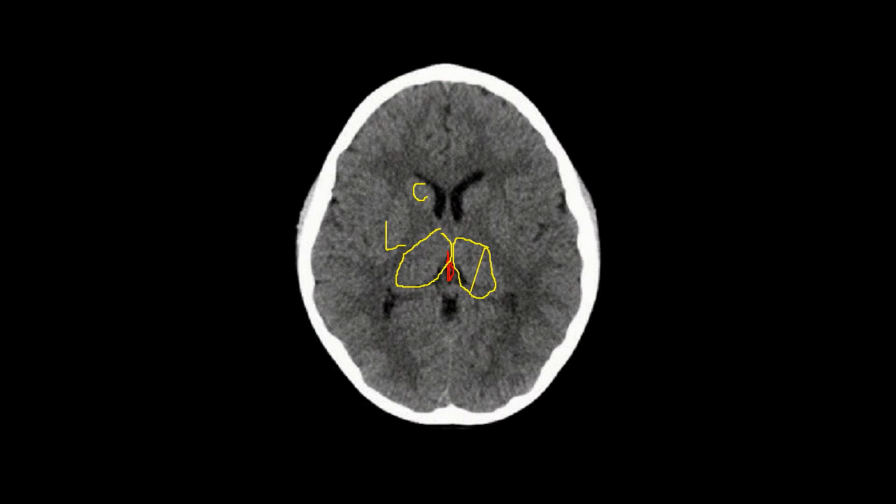If I clear all that, you can have a better look. So there is the thalamus. Any insults to these structures can cause anomalies. For example, a basal ganglia anomaly can cause extrapyramidal symptoms, while insults to the thalamus may cause a thalamic pain syndrome.